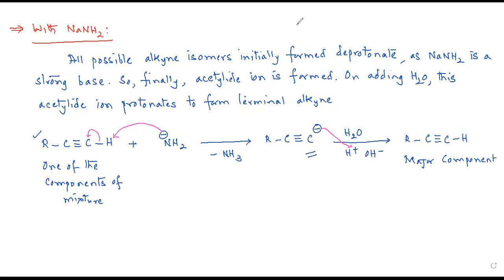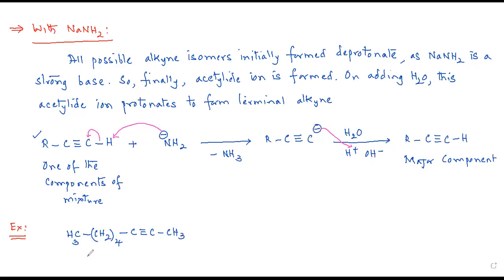Now this acetylide ion takes a proton from water to finally form a terminal alkyne. So if you want to convert a non-terminal into terminal, take sodium amide. Let me take this example.